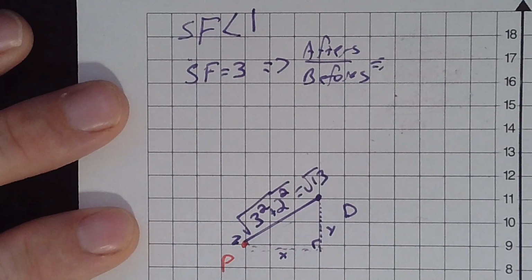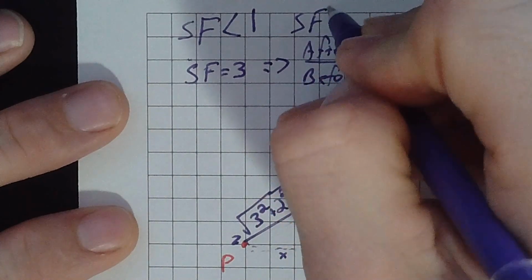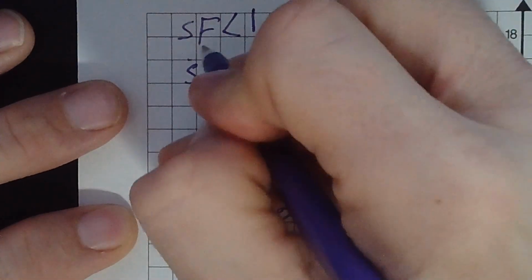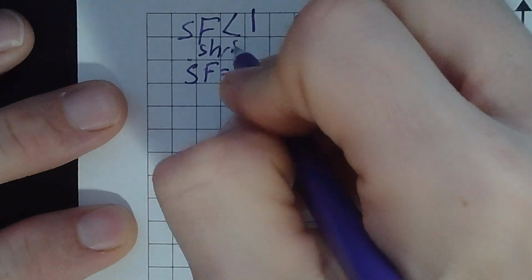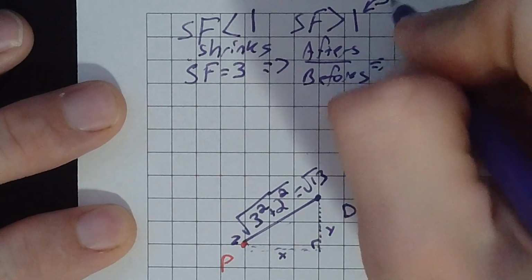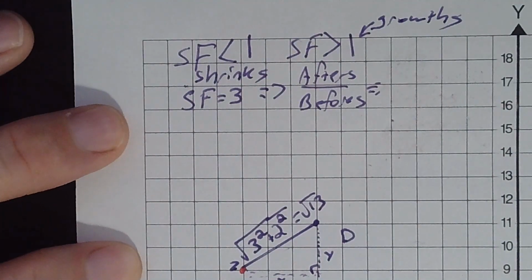Scale factors can't be 0 or less than 0. If the scale factor is greater than 1, it's gonna make it grow. So it'll be shrinks, and these will be growths.